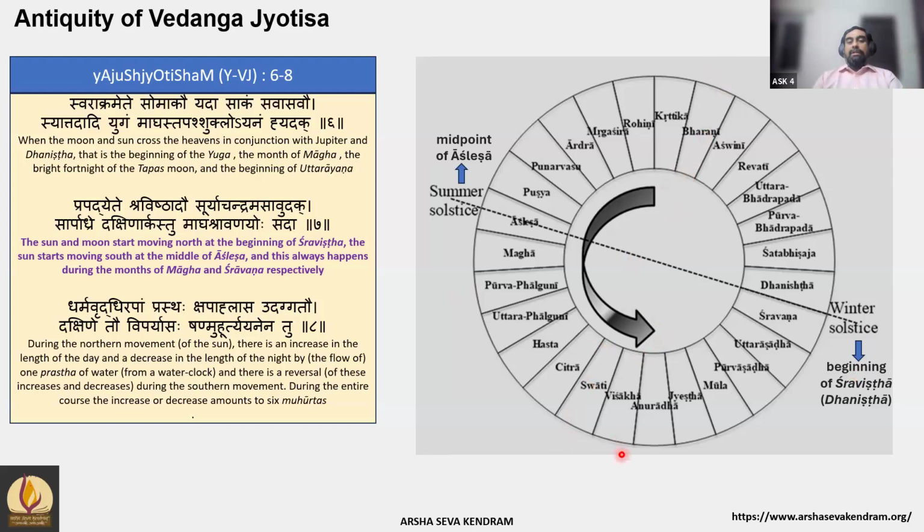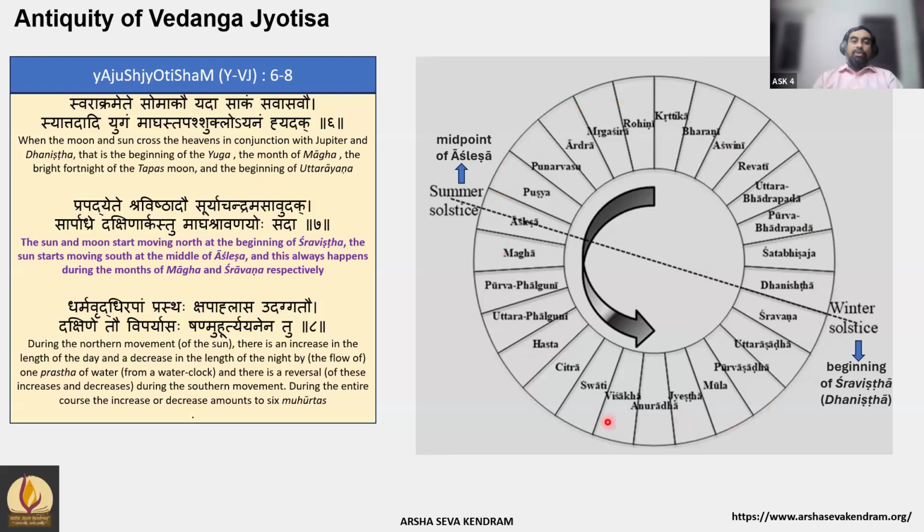Which means the vernal or spring equinox could happen at, say, Swati or Vishaka, where the day and the night are of equal duration. Similarly, Kritika Bharani could see the autumnal equinox happening, where the day and night are of equal duration, but the direction is from longer days to shorter days in this part, and in this part, it is from shorter days to longer days, right?